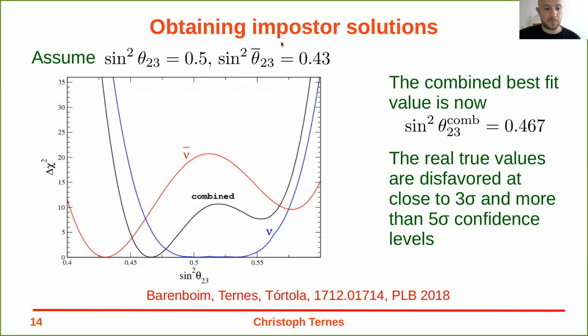So the profiles correspond to the red and the blue lines here. However, in the CPT conserving combined analysis, we obtain a best fit value which is in between these two values. In particular, we disfavor the true values of oscillation parameters at around 3 sigma confidence level and at even more than 5 sigma confidence level in the case of the antineutrino parameter.